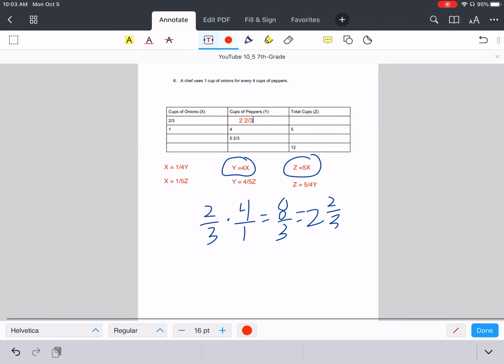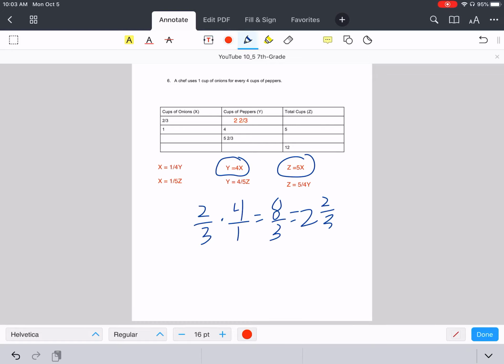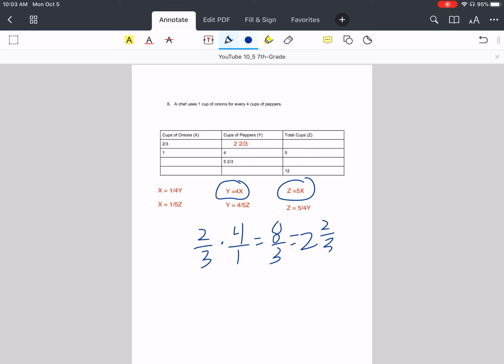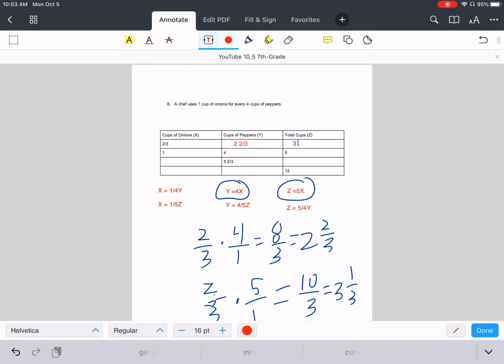And to find z, we're multiplying 2/3 times 5. Oh boy, 2/3 times 5/1, that equals 10/3, or 3 1/3. If we added up x and y, we would get z.